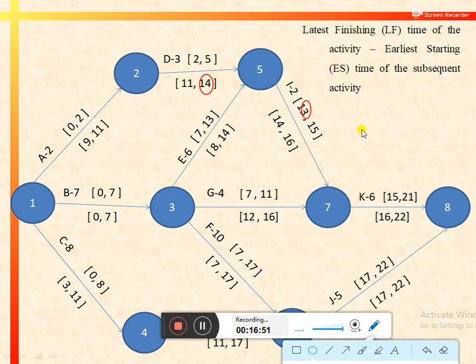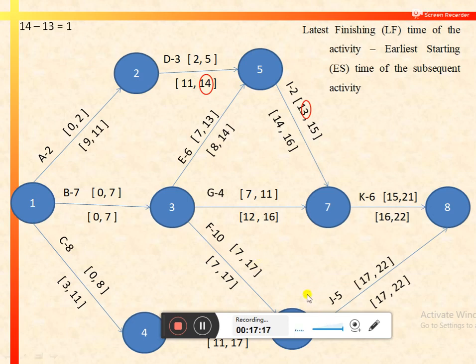So the interfering float for activity D would be 14 minus 13, that is equal to 1. So total float available with activity D is 9 days. Out of 9, free float is equal to 8 days, and the remaining 1 day would be the interfering float for activity D.